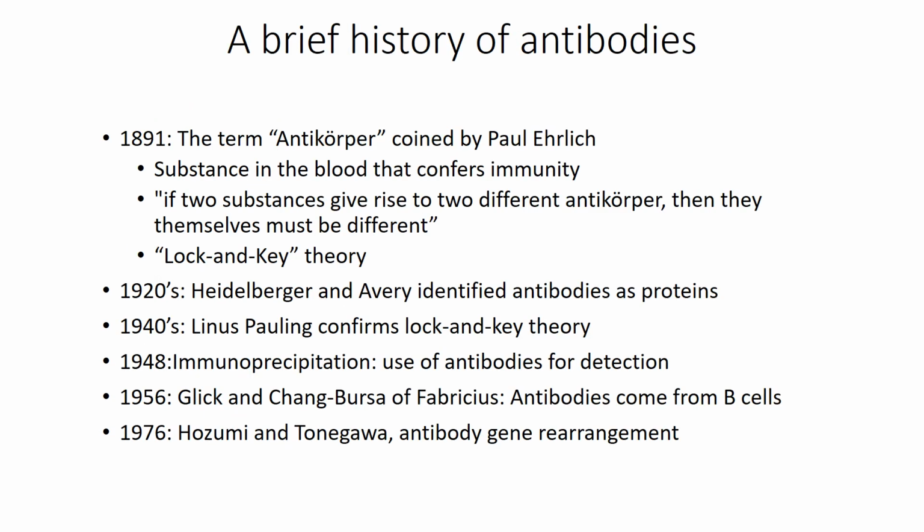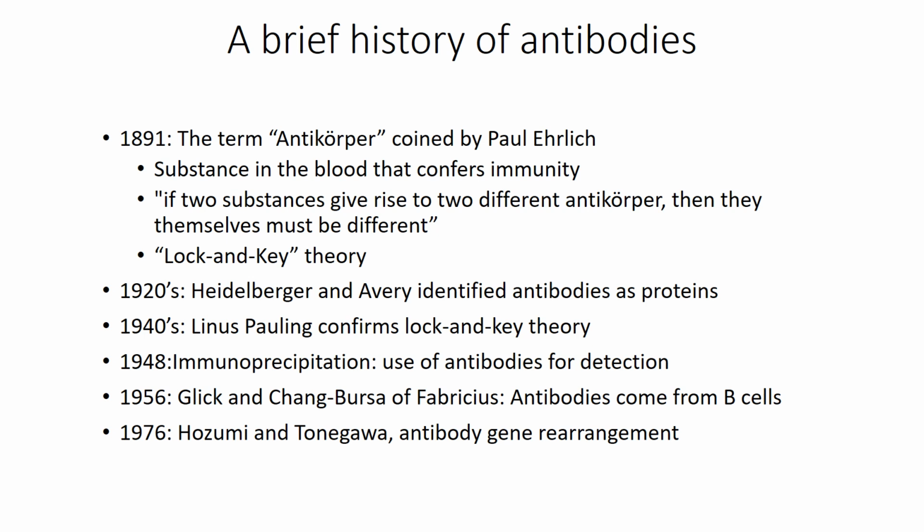In terms of historical significance, in 1891 the term "anticorpor" was first used by Paul Ehrlich. He meant the antibody, a substance that generates immunity. The definition that came up was that if two different substances give rise to two different anticorpors or antibodies, then those two substances must be different. The basic idea was a lock and key: for every antigen there will be an antibody key that fits.